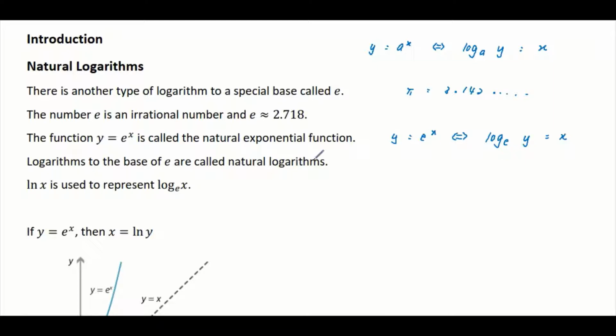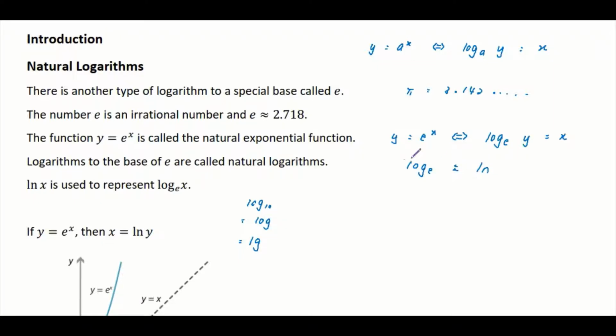Okay, and sometimes, when we say log 10, we write it as log or lg, right? So same thing for log to the base of e, we write it as ln. Okay, so they mean the same. So when you look at the notation, you should know that it means log to the base of e.